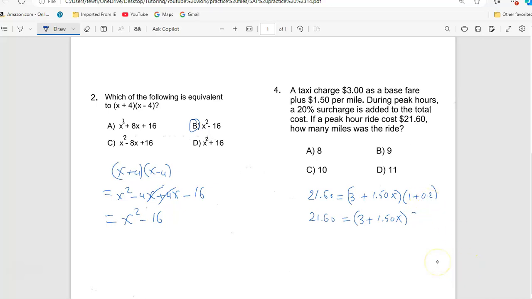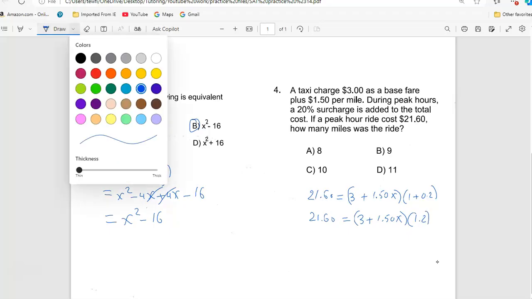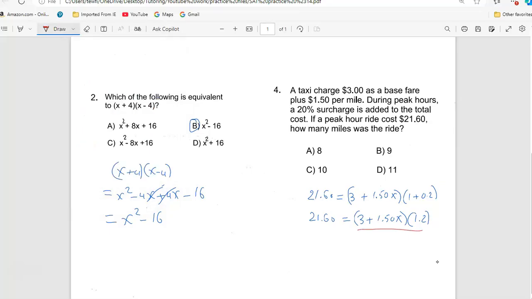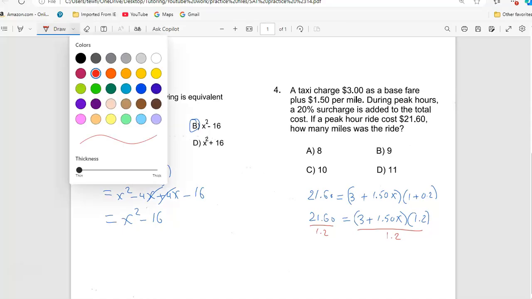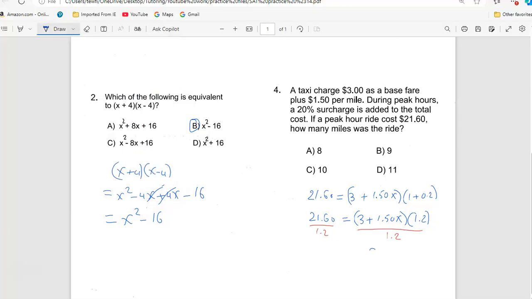I can divide both sides by 1.2, and I get that expression, which has the x by itself. So I have 3 plus 1.50x equal to, if I divide this, what am I gonna get? 21.6 divided by 1.2, that should give you 18.